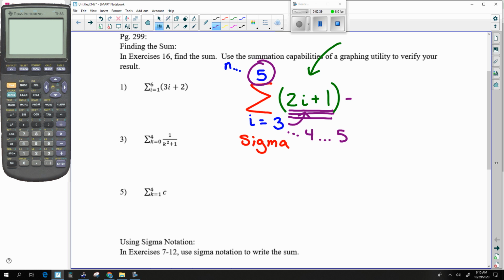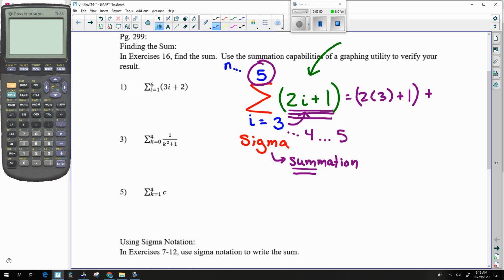So ultimately what this would be is 2 times 3 plus 1. And then what a sigma is, a summation, means you sum, you add them up.